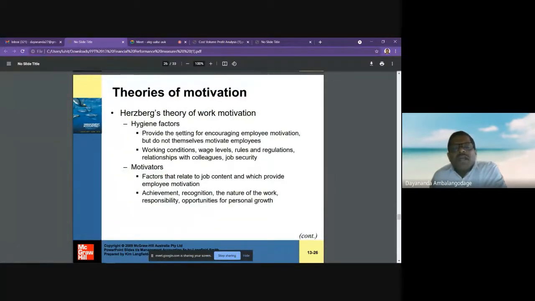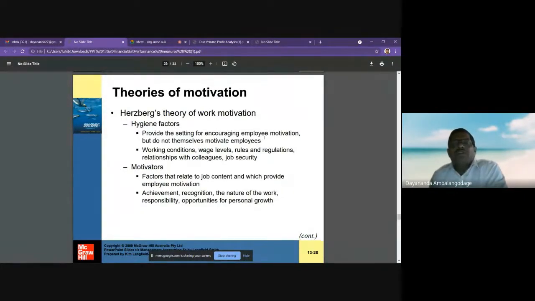Hygiene factor provides the setting for encouraging employees' motivation, but does not itself motivate employees. So it provides the setting, the appropriate office environment. It provides the setting for encouraging employee motivation.